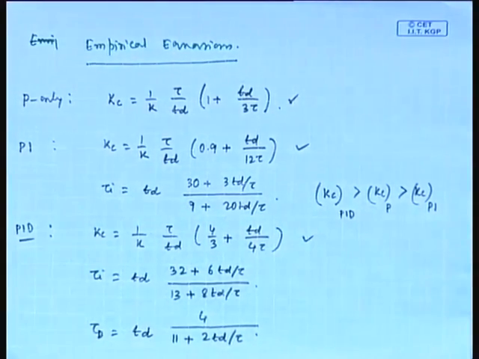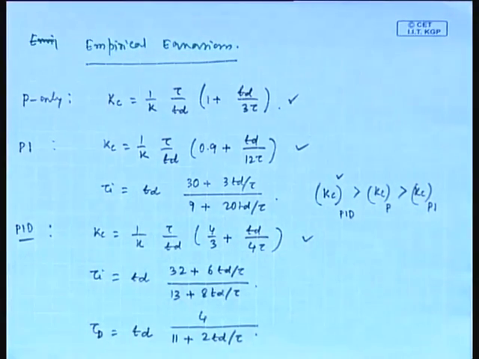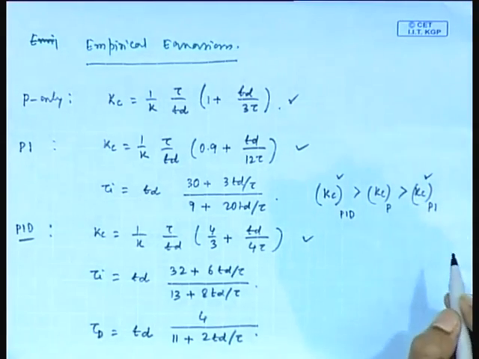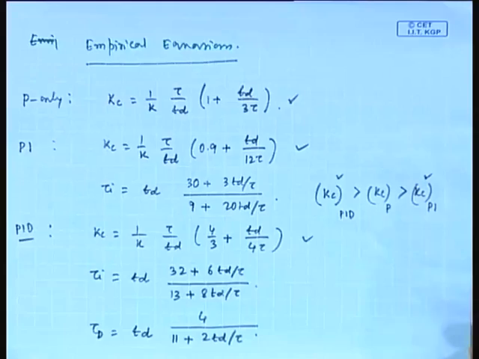Kc value of PI controller is the lowest and Kc value of PID controller is the highest. Reason is very obvious. If we introduce integral action, there may be some instability problem. Therefore, Kc is taken lowest, and PID controller has better stability criteria. Therefore, highest Kc value for PID is considered.